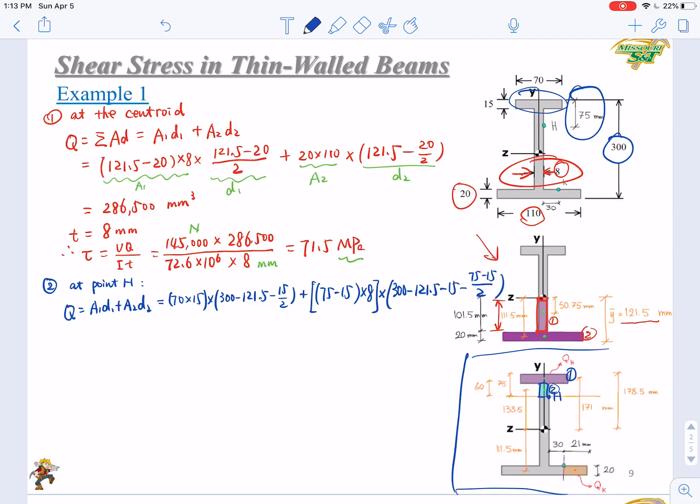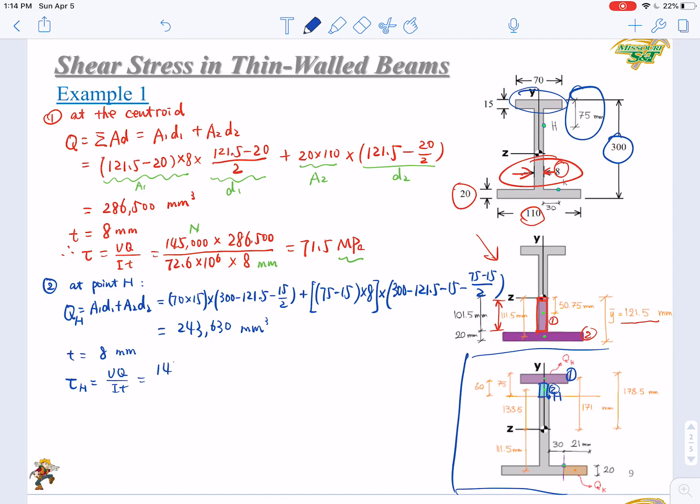Okay, to summarize it, we got 243,630 cubic millimeter. And the T value here at this point, again, is still 8 millimeter. So using the equation, the shear stress at point H will be VQ over IT.